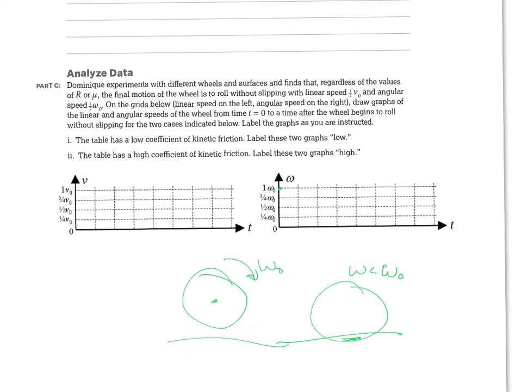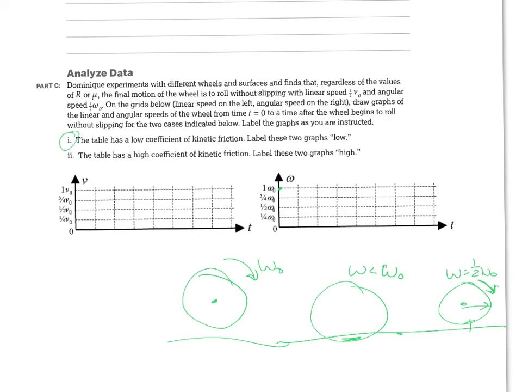And by the time it gets to that full time t, now your omega equals half of the initial omega. So we got the wheel moving that way, and it's still spinning, but it's spinning at half the rotational speed that it was.